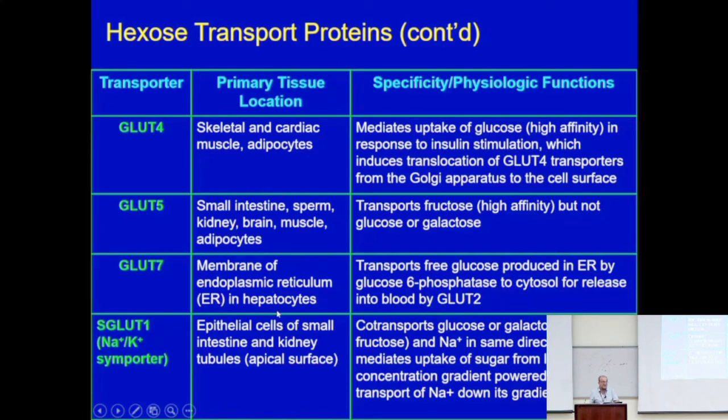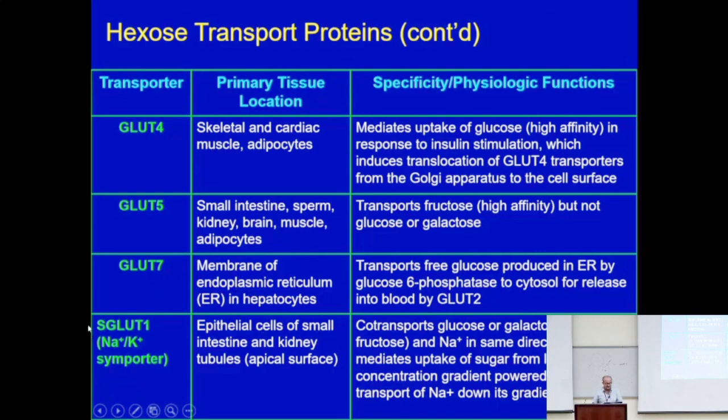and it serves a function. It serves a function in that when the liver is producing glucose, it produces it inside the ER, and that glucose has to be transported out of the ER into the cytoplasm. So that's the importance of GLUT7. It's present in the ER of the liver.